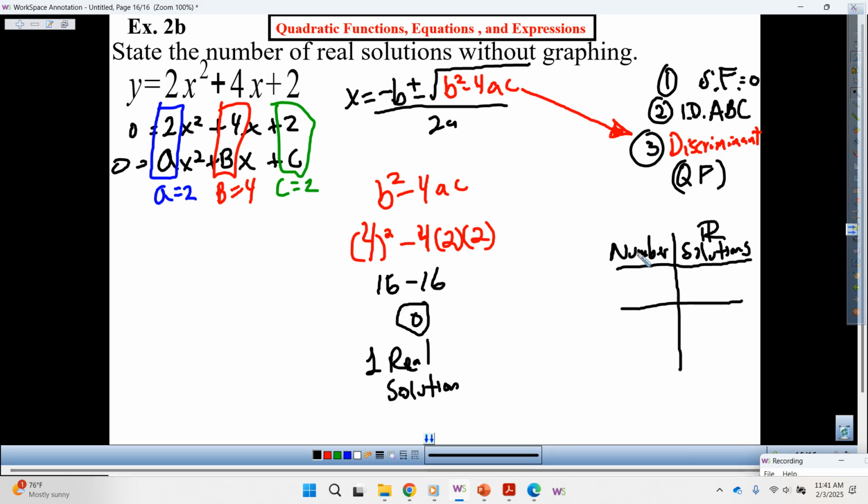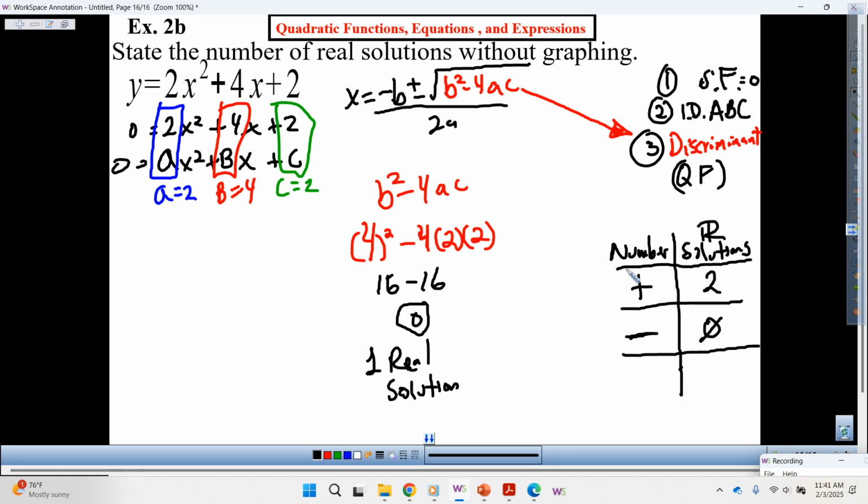Whenever you use the discriminant and end up with a positive number, you get two real solutions. You get that? If you end up with a negative number, you get zero real solutions.